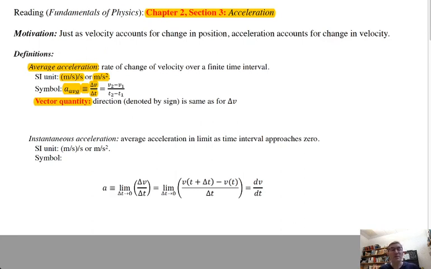The direction will be denoted in this chapter merely by a sign, a positive sign, meaning it's directed in the plus x direction, or a negative sign, meaning it's directed in the negative x direction. Which direction the average acceleration has is determined solely by the sign of delta V, the change in velocity, because that's the part of the definition of A average that determines whether A average is positive or negative.